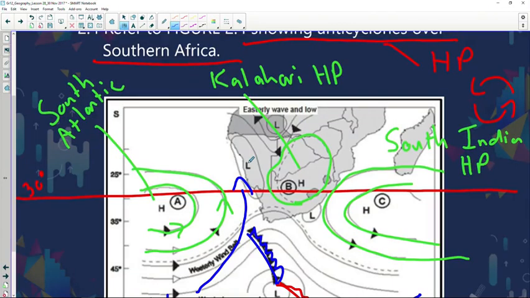Now, even though it's summer, because the system is over a very cold ocean current, it creates cool and dry conditions. But if you look at the South Indian high pressure system, it's over the Indian Ocean, and warm water comes from the equatorial regions in the form of the Mozambique current. So that creates more moist conditions, and we need moisture for rain.